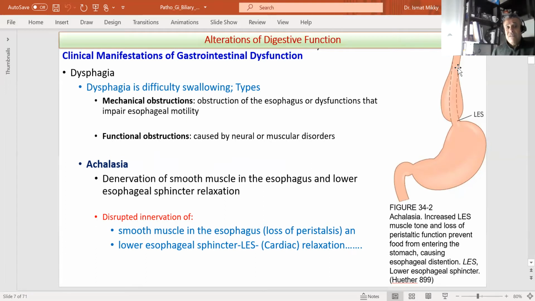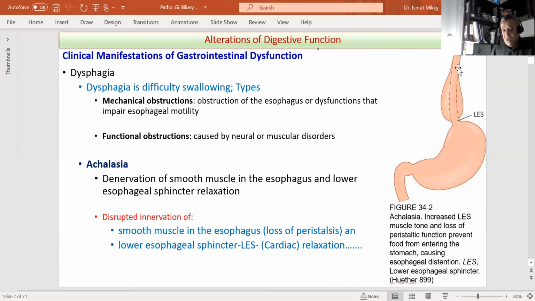So the dysphagia, which is the difficult swallowing, can be either mechanical or functional. The patient has difficult swallowing due to mechanical obstruction or functional obstruction.